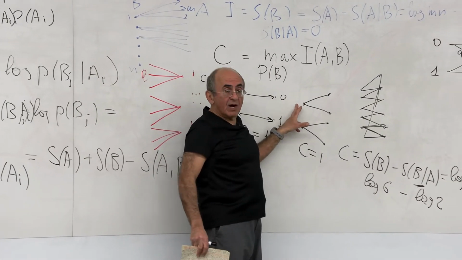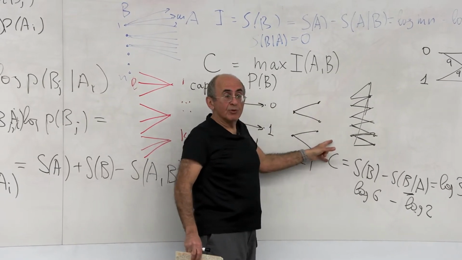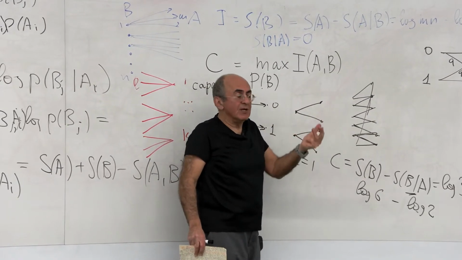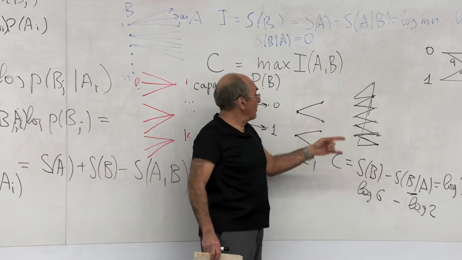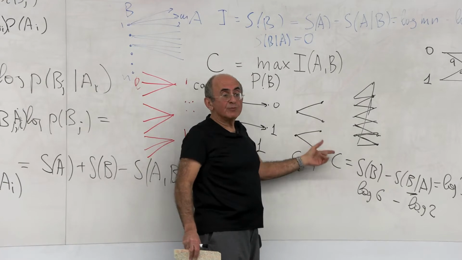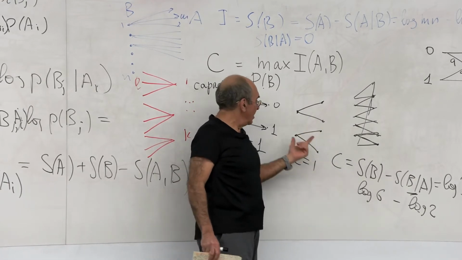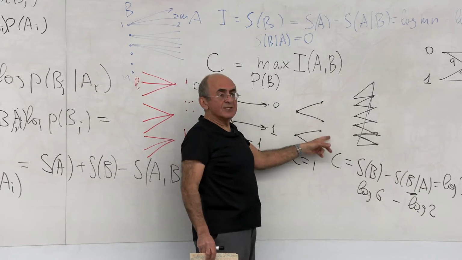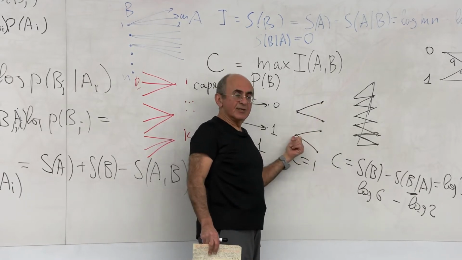I have 1 bit input, but 2-bit output. So in my output there are 4 outputs, but the rate with which I obtain information is still 1 bit per symbol, because whether I get this or this, I still read that.